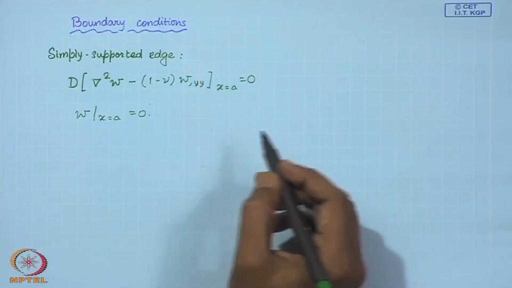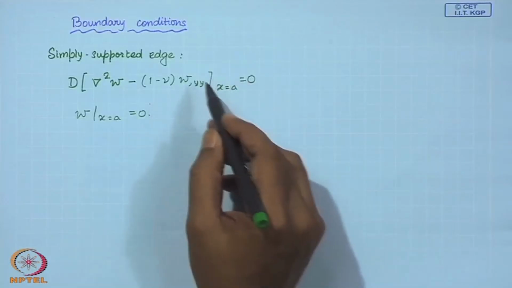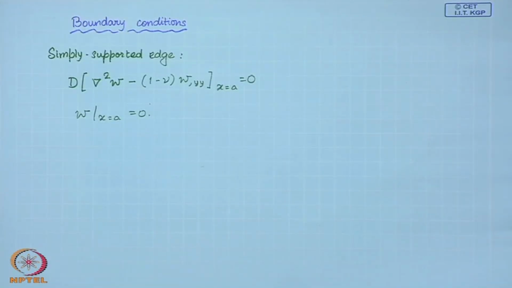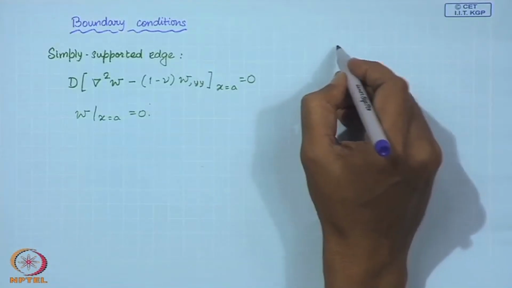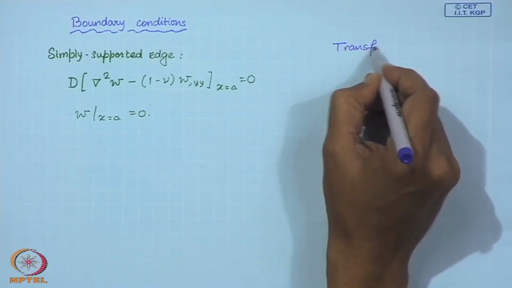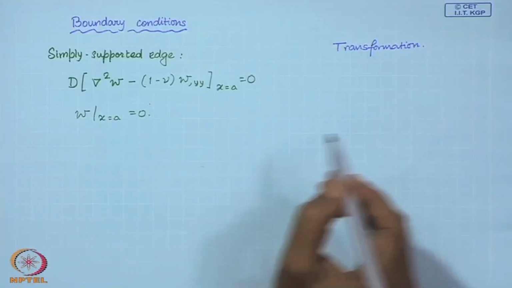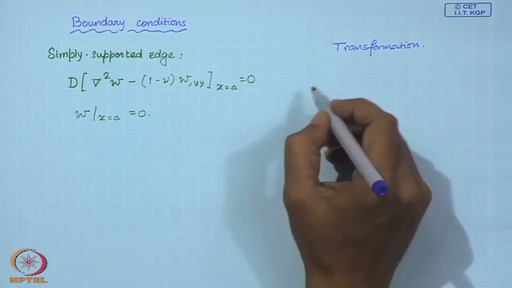But when we come to the simply supported condition for the circular plate, what we can do is use the transformation from rectangular to polar coordinates.